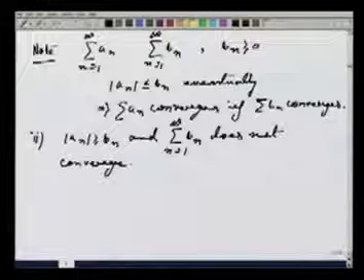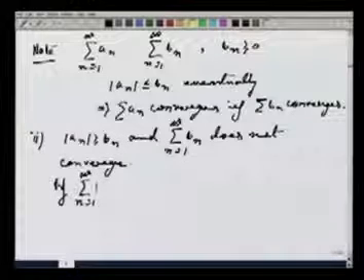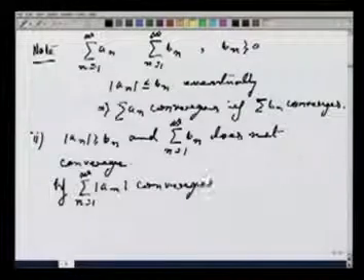Suppose on the contrary that summation n from 1 to infinity mod an converges. Then I already know that bn is lesser equal to modulus of an, and summation mod an converges. Try to apply part 1: if you have an infinite series whose terms are less than or equal to the terms of a convergent infinite series, then the infinite series converges. So bn constitutes an infinite series, summation bn, and each term is lesser equal to modulus an, and summation mod an converges.